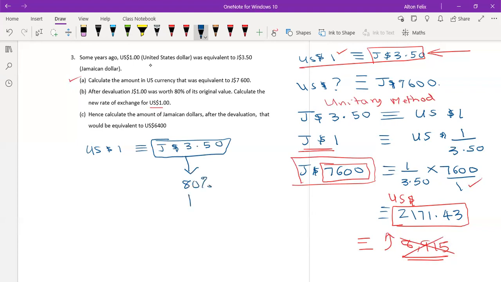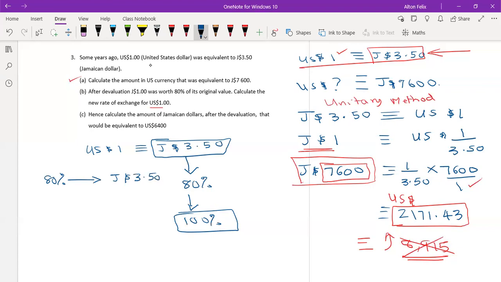So if we need to find a new exchange rate, we have to work out what 100% represents. And again, we're going to try the unitary method for that. So let's try it here. Jamaican $350 is represented by 80%. That's 80% of its value.